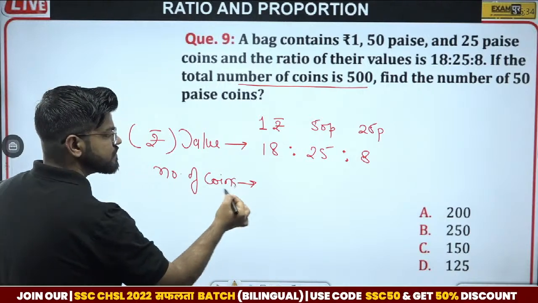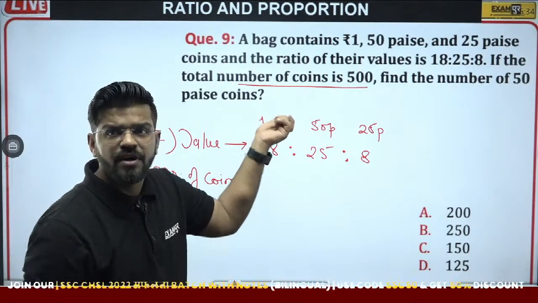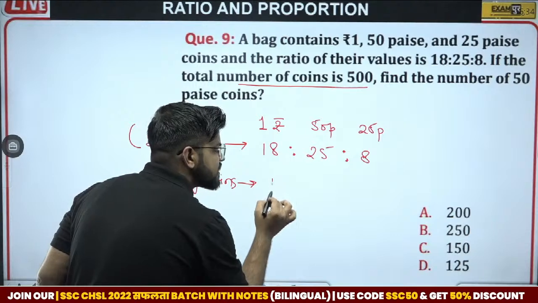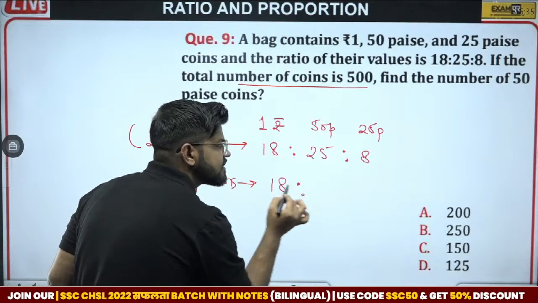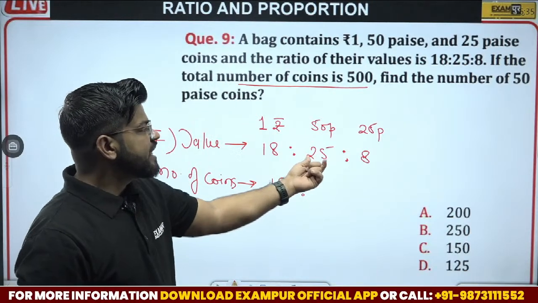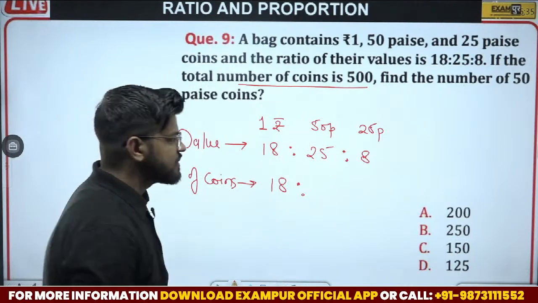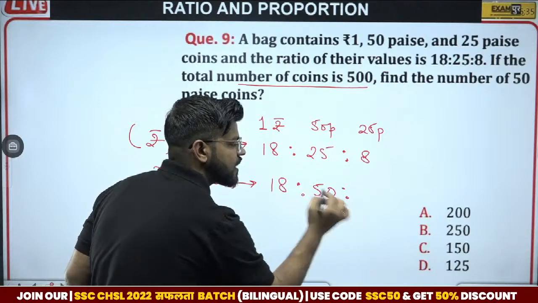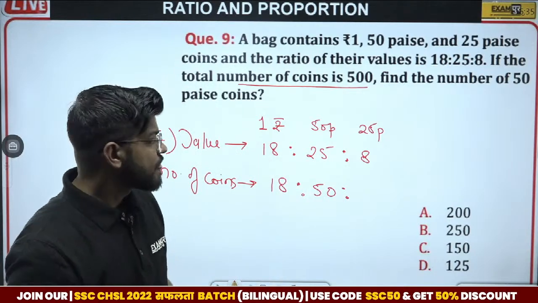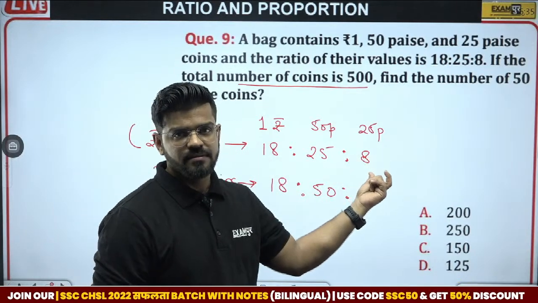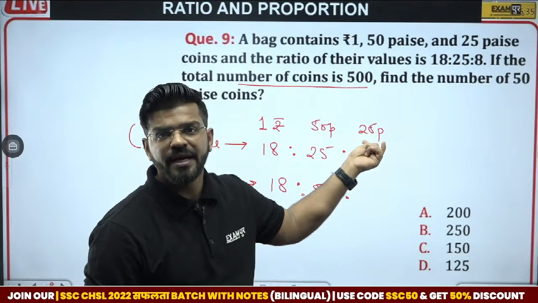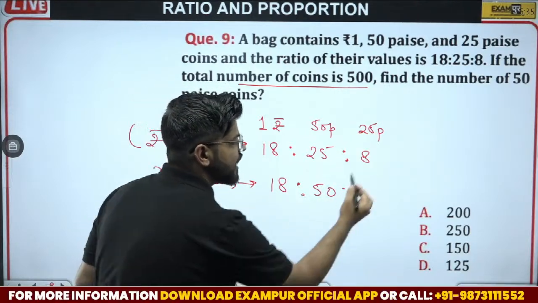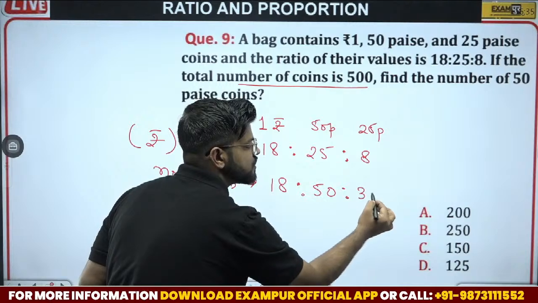So 18 rupees in 1 rupee coins means how many coins are there? 18. We have 25 rupees in 50 paisa coins, so just multiply by 2, we have 50. Very good. And we have 8 rupees in denomination of 25 paisa, that means 8 fours are 32.